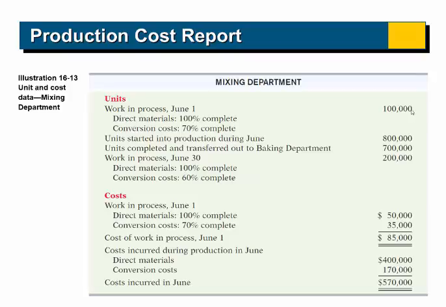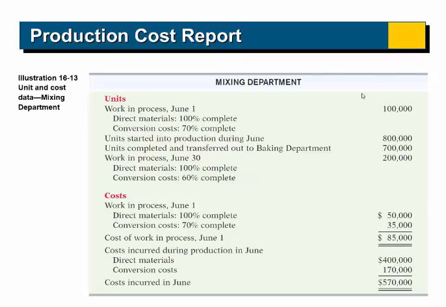And if we take 100,000 in beginning WIP and add it to 800,000 units started in June, you would have a total of 900,000 that are physical units. And we know that we have been told 700,000 of those have been 100% of the way completed as to mixing and have been transferred out to the baking department, and that only 200,000 of those are still here.